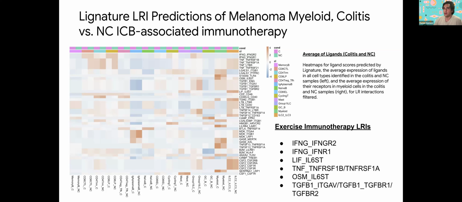IL-6 by itself is on the membrane, diffuse once it binds to IL-6 receptor. But this ST is most likely in the cytoplasm, which is subcellular, intracellular. TNF and TNFRSF1B, TNFRSF1A, OSM, IL-6ST, TGF beta 1, ITGAV, TGF beta 1, and TGF beta receptor 2, 1 and 2.